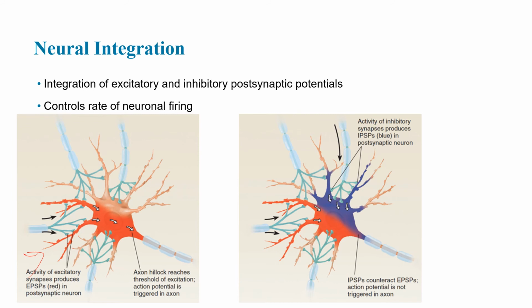However, what happens if you get a little bit of excitation and a little bit of inhibition? The blue is inhibition, the red is excitation. The neuron is typically not going to reach the action potential. It's not going to be triggered because the inhibition is enough to counteract the excitation.